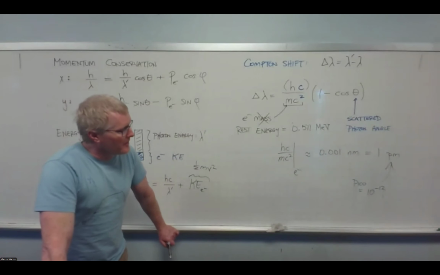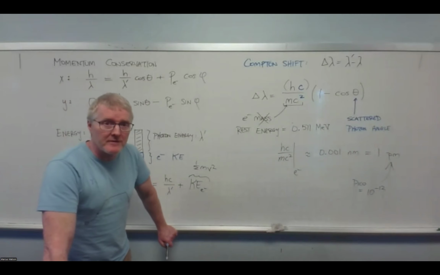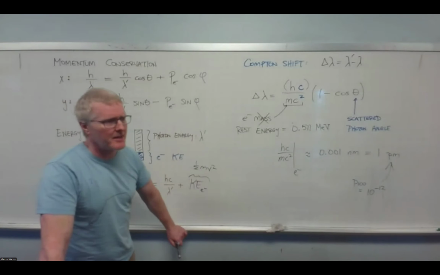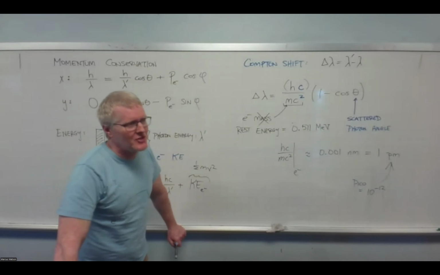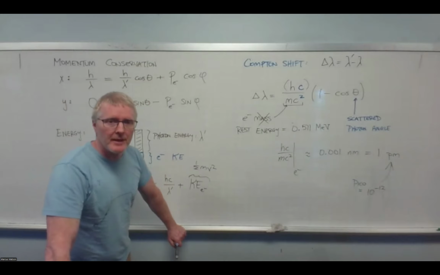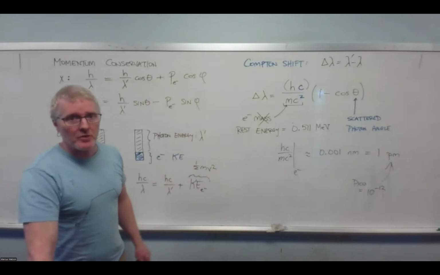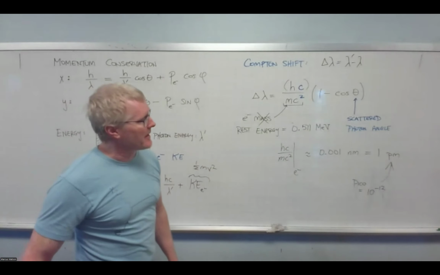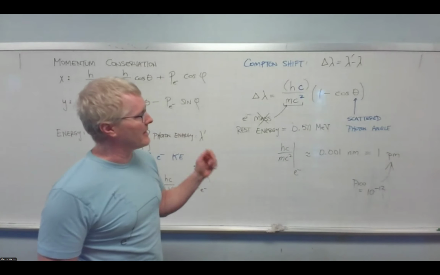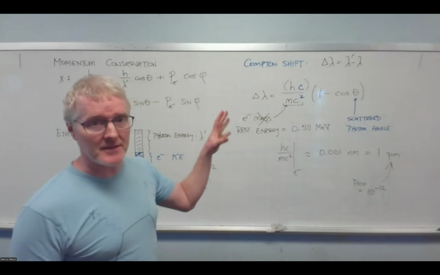That's a pretty small shift, but nonetheless it can be detected, and Compton detected it in the 1920s. It was his theory that came along, and it won him the Nobel Prize in the late 1920s. He came up with the theory and did the experiment.